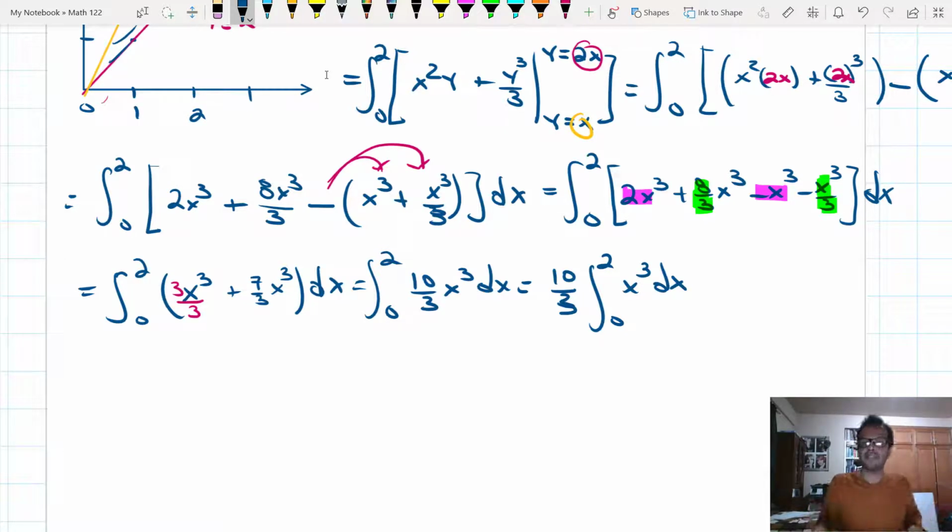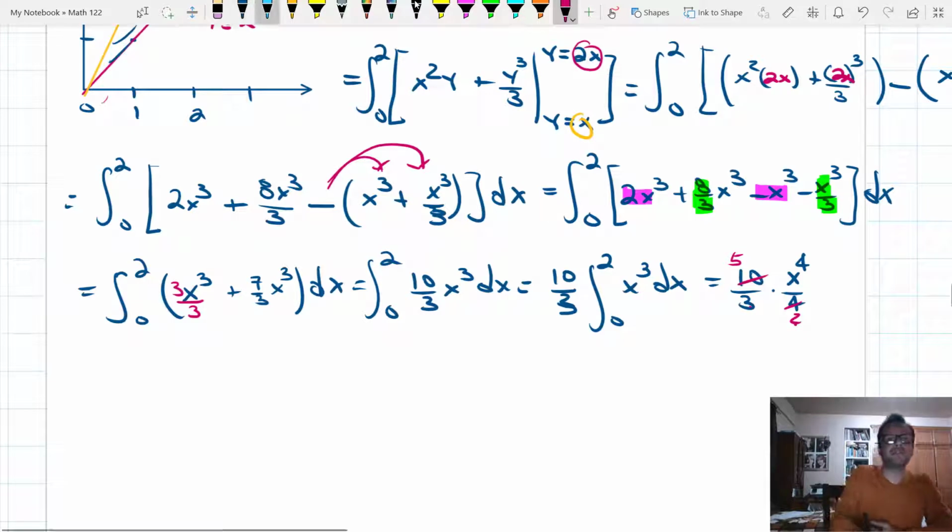Now let's integrate this integral, right? The integral of x cubed will be x to the 4th power divided by 4. And if we simplify this, okay, 10 goes with 4 twice, right? In this case, we get a 5 and then we get a 2. And then 3 times 2, that's going to give us a 6, right?